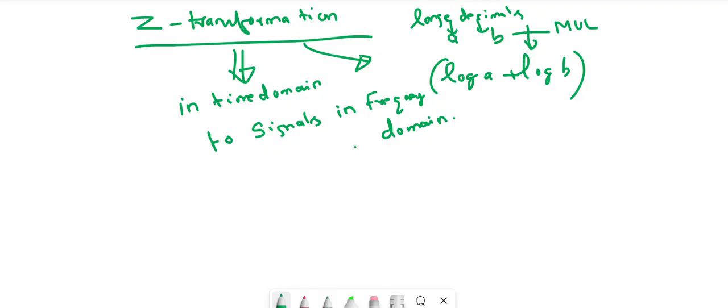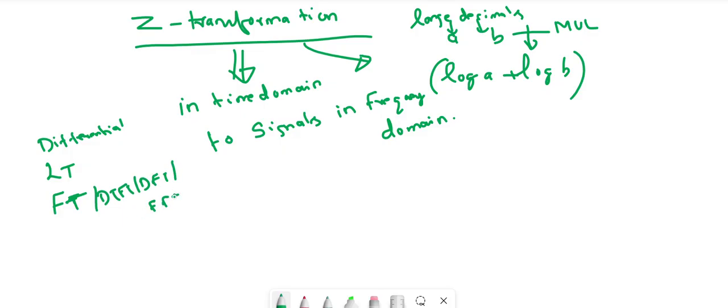In the last unit we studied the mathematical foundations: the Laplace transformation and the differential equation, the Fourier transformation, the discrete time Fourier transformation, the discrete Fourier transformation, then the fast Fourier transformation with different algorithms.